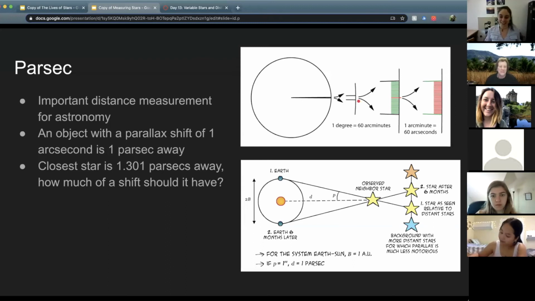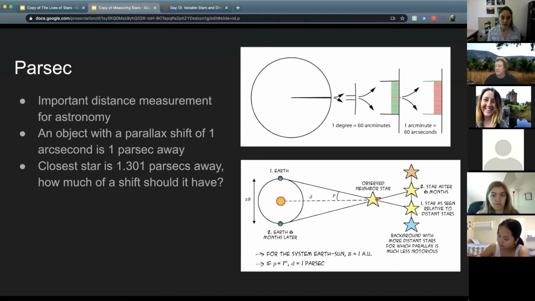But if you want to annoy an astronomer, you can use parsec as a unit of time and they'll get frustrated because it's a unit of distance. So a star with a parallax shift of 1 arc second will be exactly 1 parsec away. That's how we define the parsec: the distance to a star that would have a parallax shift of 1 arc second.